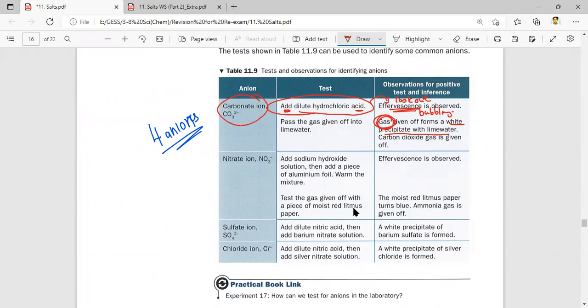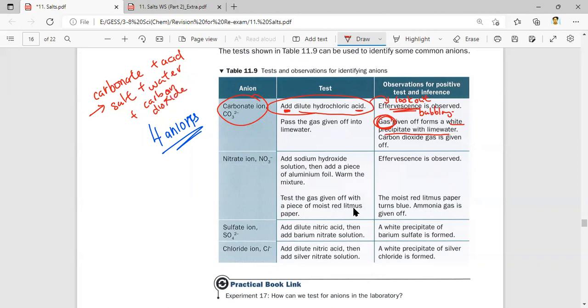Why? Because CO2 is produced. When carbonate reacts with an acid, I'm going to get salt, water, plus carbon dioxide.